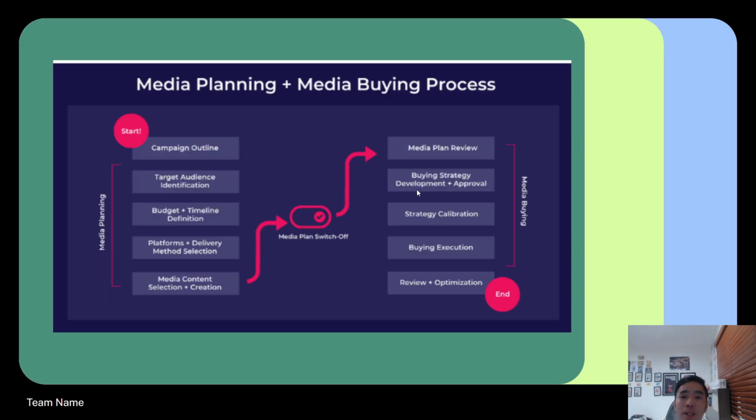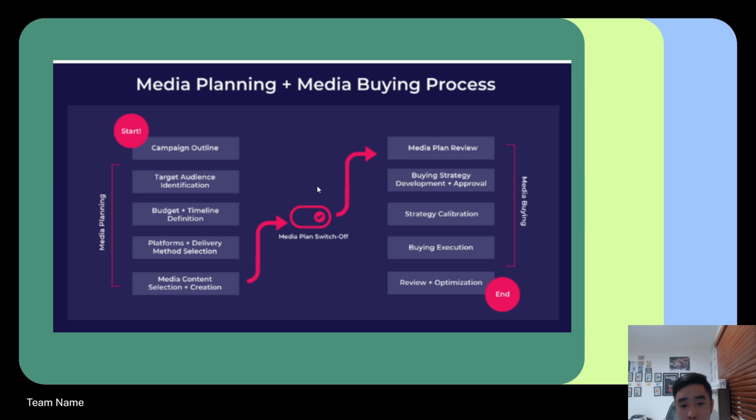So what is media buying? The first phase is your media planning. You want to outline your campaign: who you want to target, your budget, your timeline, where you want to go, legacy media or online, and then media content selection and creation. Then that's when we go to media buying.